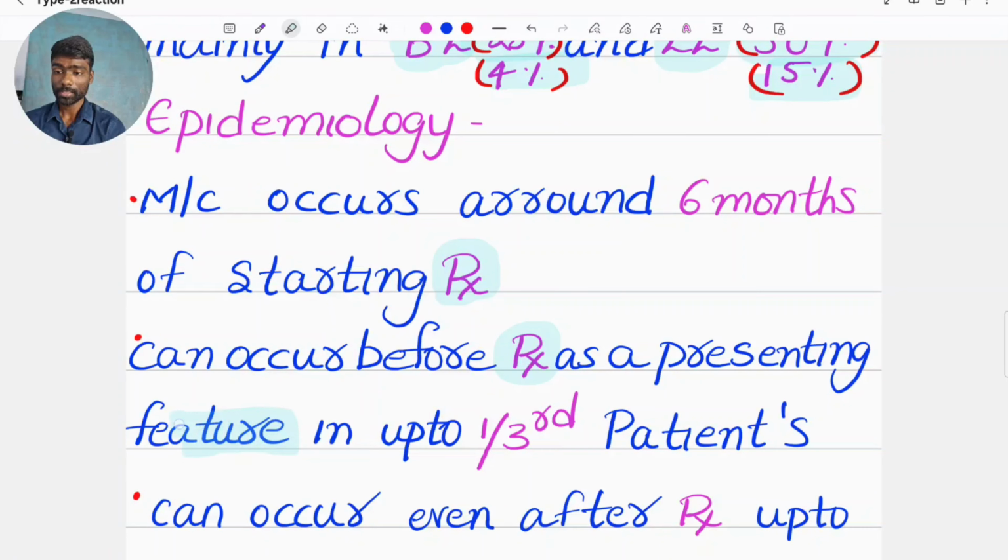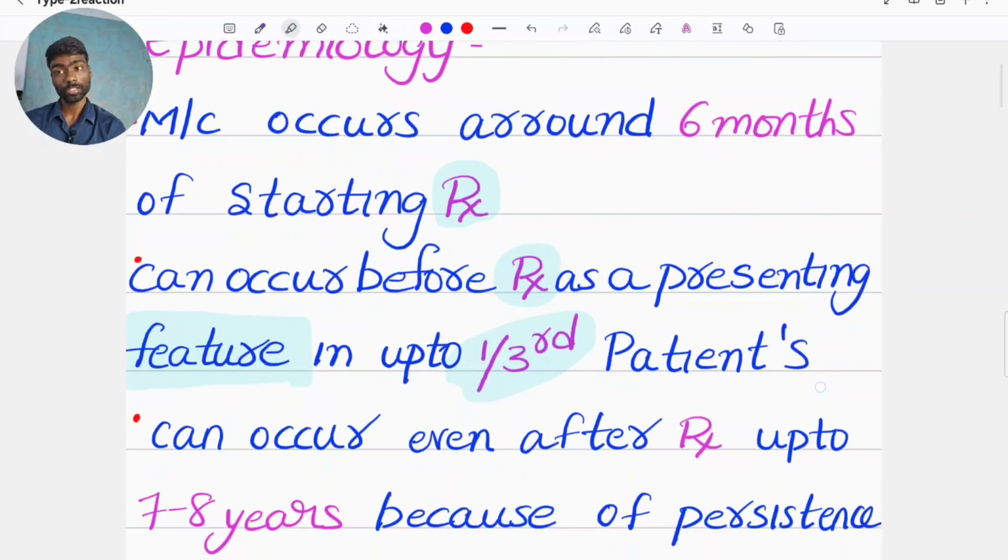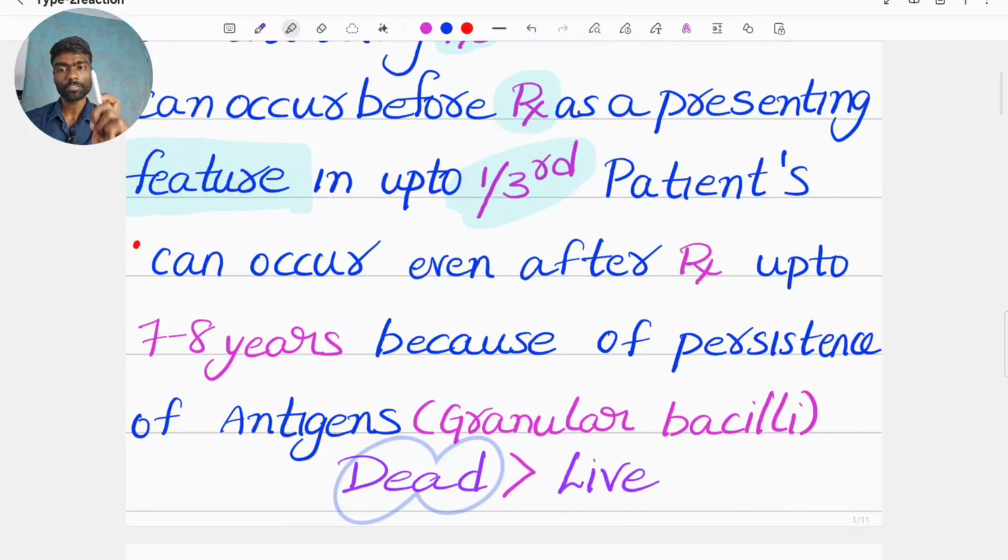Leprosy patients may present with painful nodules, Erythema nodosum leprosum, in up to 1/3 of patients. So it can occur before treatment in 1/3 of the patients. It can occur even after treatment, up to 7 to 8 years. I already told you it takes years to completely eliminate the bacteria because of persistence of antigens.